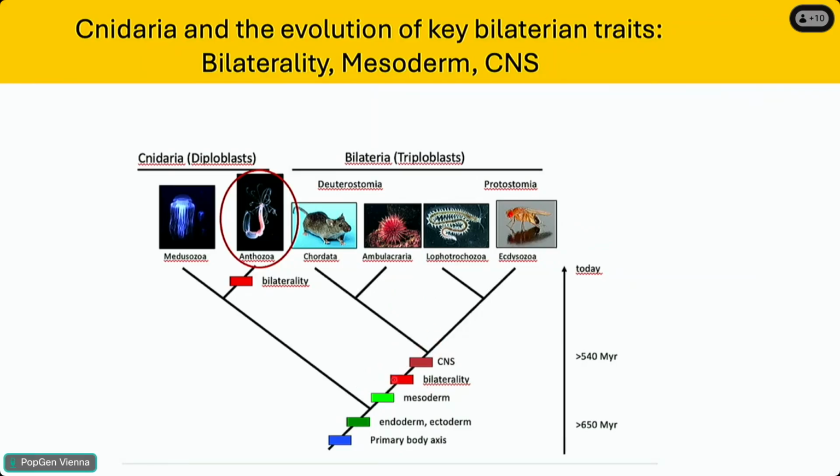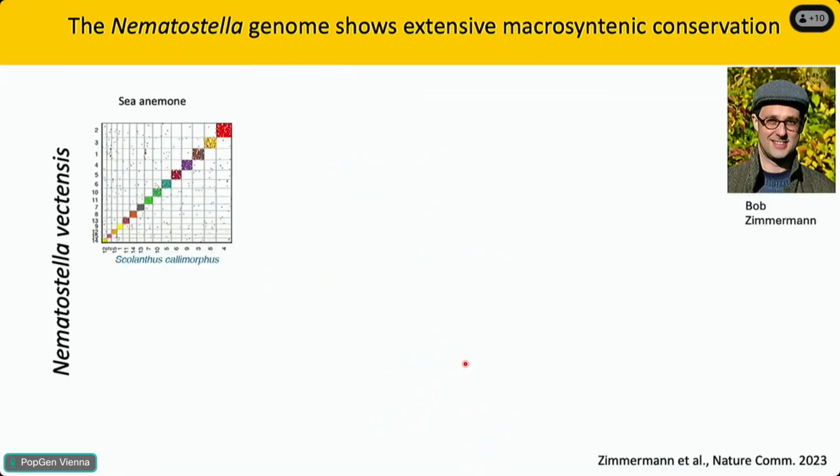So it's of course tempting to speculate that the evolution of these key features might have played an important role in playing around with a variety of different body plans. We worked on all of this, but today I will focus on one aspect, the evolution of germ layers, in particular the mesoderm, and what the consequences are for the other aspects.